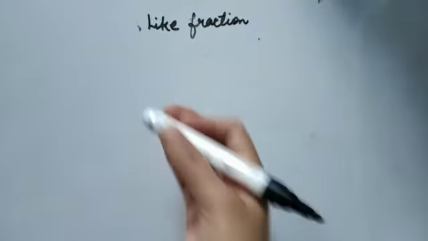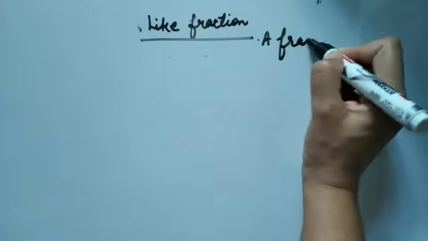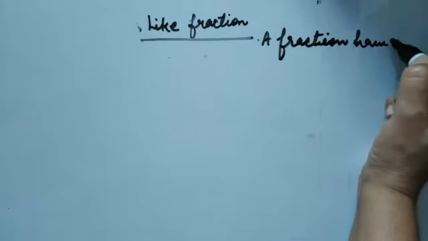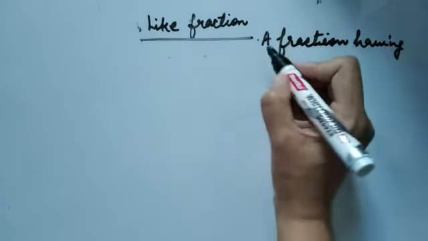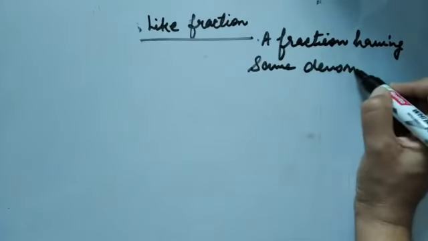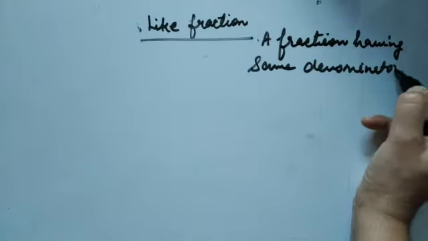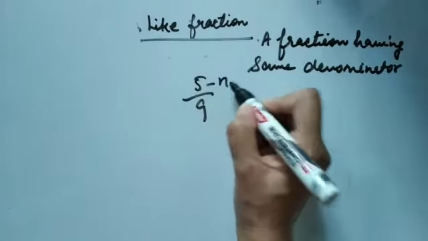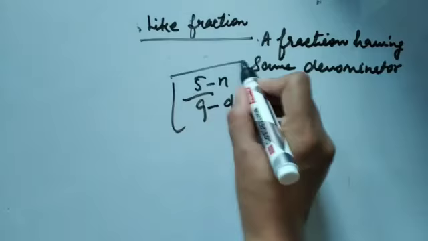Like fractions, a fraction having same denominator. For example, 5 by 9 is there, so this is numerator and this is denominator.